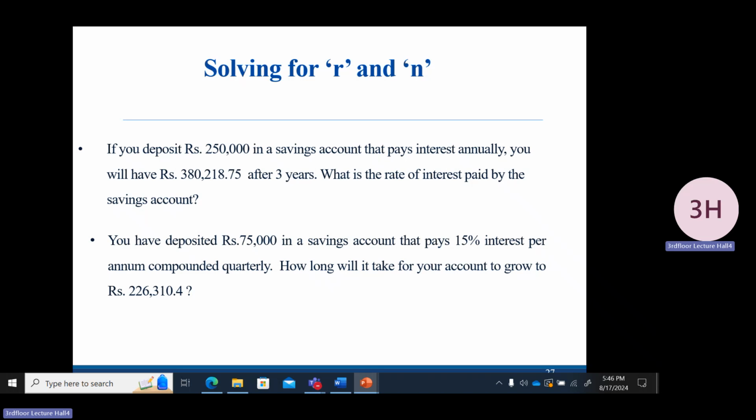What is the implied rate of return? If you draw the timeline, today you deposit 250,000, and in 3 years you will get 380,218.75. This is the present value, this is the future value. What is missing?